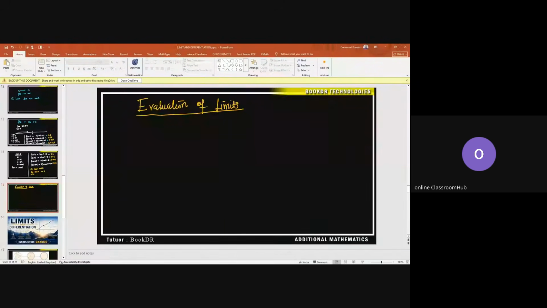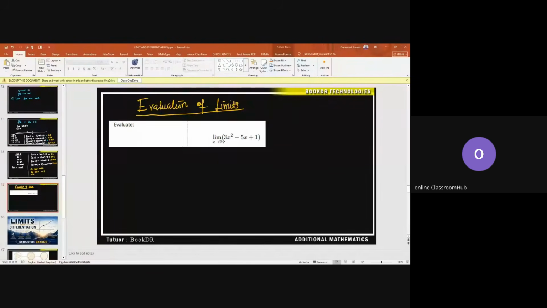So let's pick our very first question. We are to evaluate the limit of 3x squared minus 5x plus 1 as x approaches 2.